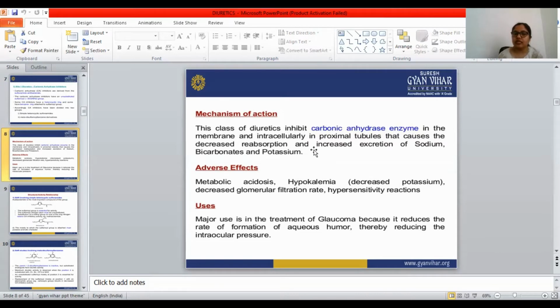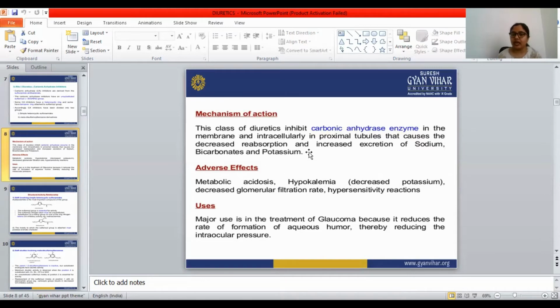That causes decreased reabsorption and increased excretion of sodium bicarbonate and potassium when the carbonic anhydrase enzyme is inhibited by these drugs. So this is the common mechanism of action.